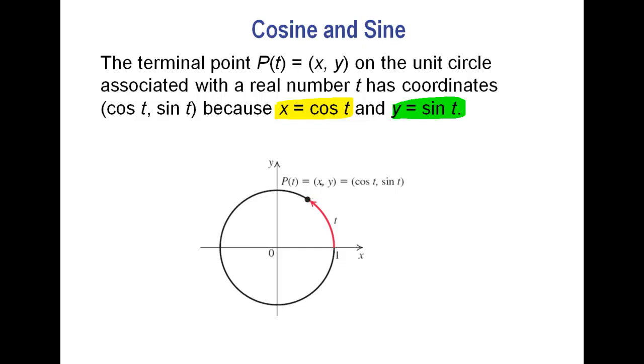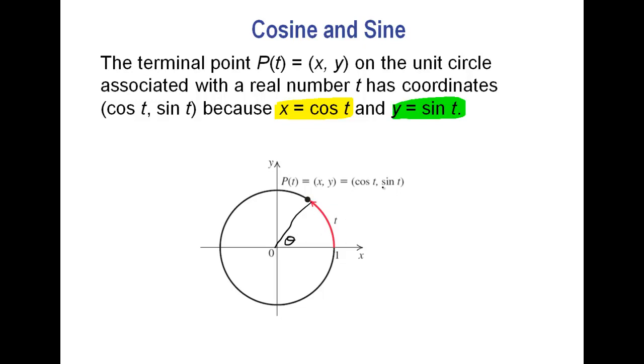But we can also relate those points back to cosine and sine and write them as (cosine t, sine t). What is t? t is this distance here, this length, this arc length. But isn't an arc length also an angle? We have an angle that creates an arc length.